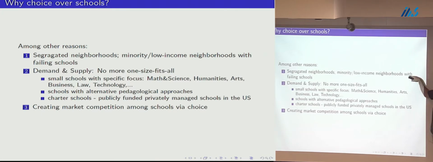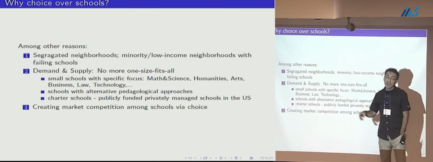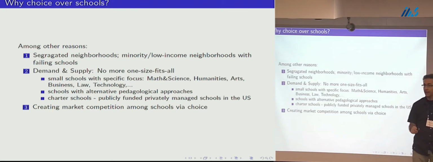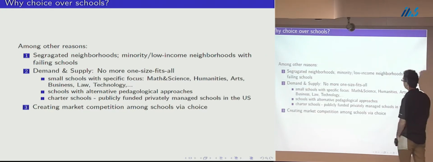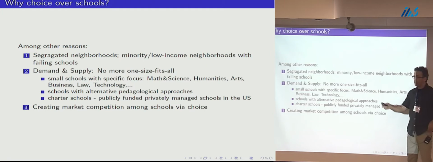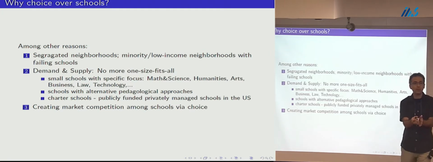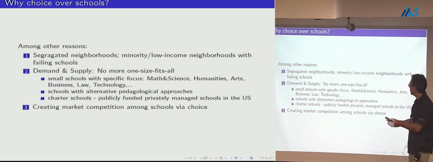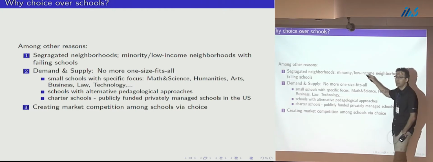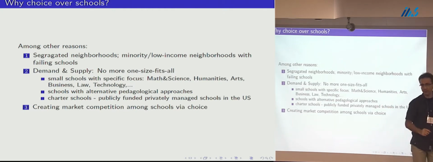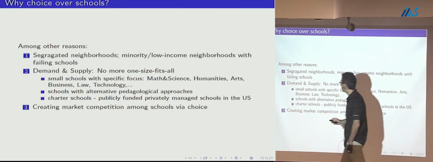Probably one of the first reasons was segregation. If you rely on neighborhood-based assignment, what you see is neighborhoods are segregated along income and racial lines, leaving minority and low-income students in neighborhoods with failing schools. That was probably one of the big reasons in the 1980s.